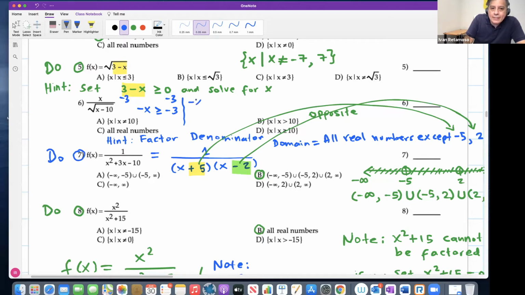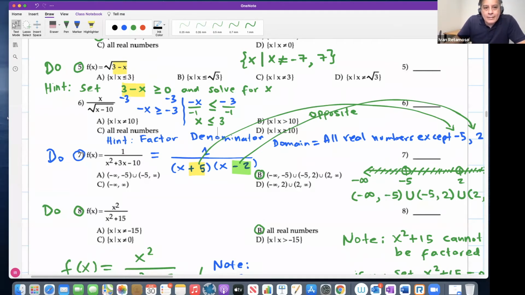For that, I am going to divide both sides of this inequality by the number -1. But that comes with a price. If your divisor is negative, guys, you have to switch or flip this inequality, right? This way. So this will be x less than or equal than -3 divided by -1, which is 3, right?